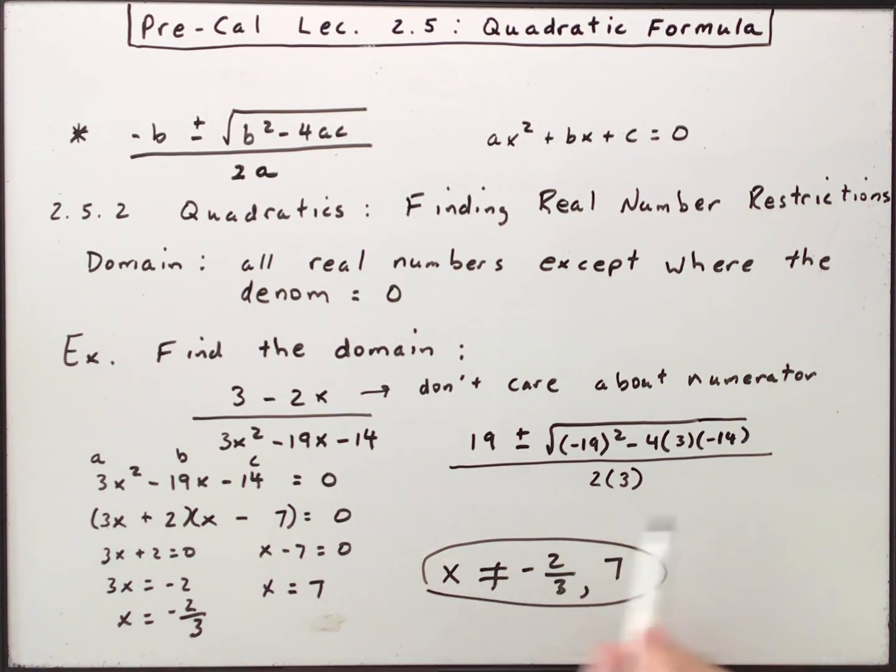And if you were to go through that, you would come up with negative 2 thirds and 7. But if you want to at least give a little try to factoring it, you don't have to go through all that. All right, but anyway, feel free to solve the problem on your own if you want, and see if you end up coming up with negative 2 thirds and 7 using the quadratic formula. You probably employ your calculator here.